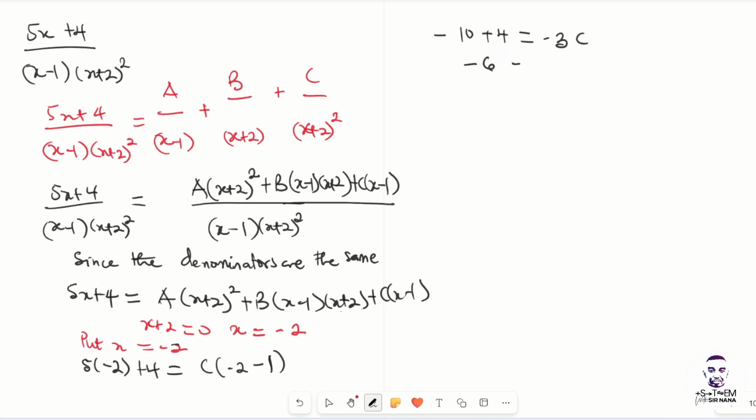That gives us -6 equal to -3C. We divide both sides by the coefficient of C, which is -3, and that implies that C will be equal to 2.